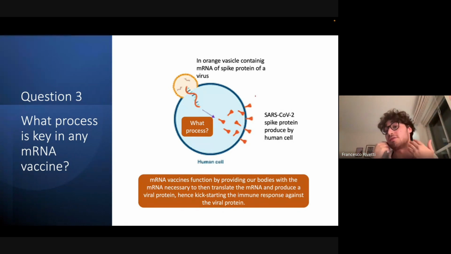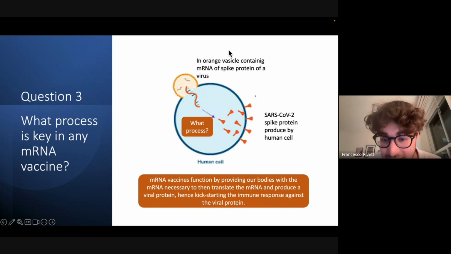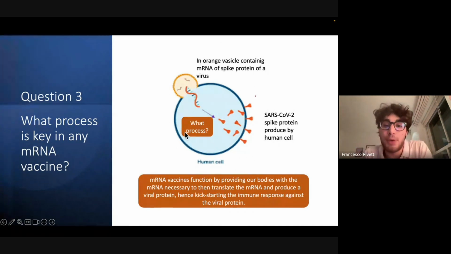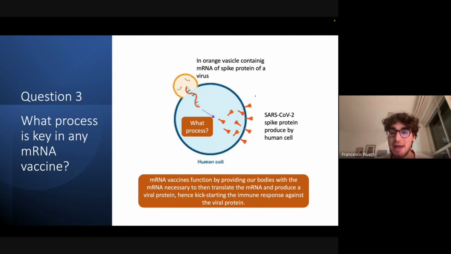What mRNA vaccines do is that they don't give you the protein, they give you the mRNA, which, as you can see in this diagram, will fuse with our human cells, this big thing, and essentially pull in all the viral mRNA that is then read and understood by our cell to produce, through translation, the protein against which we want the immune response.